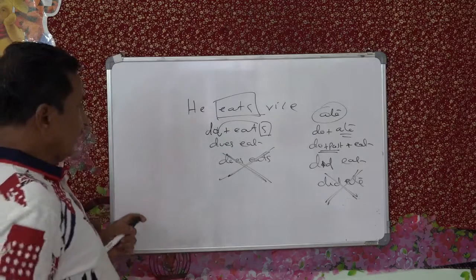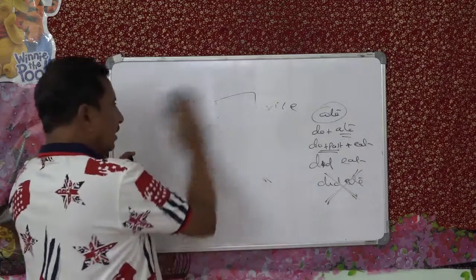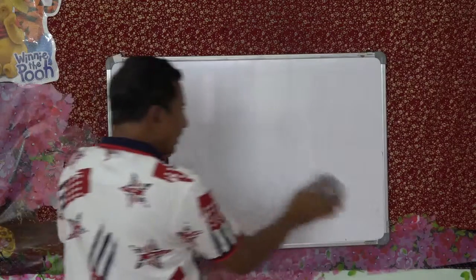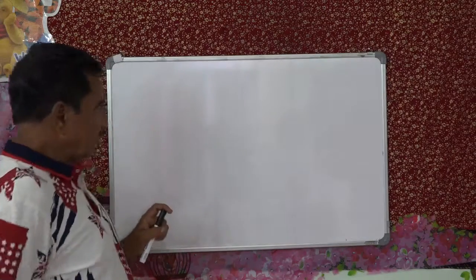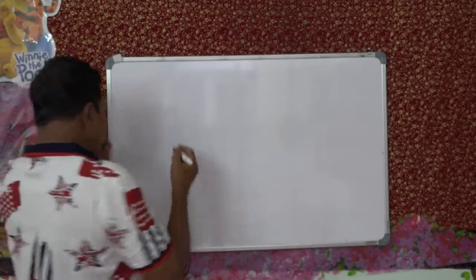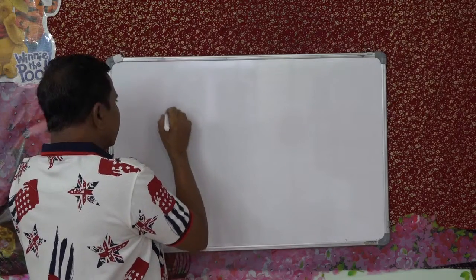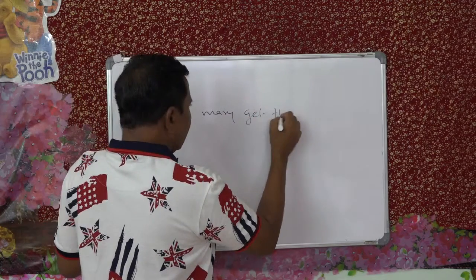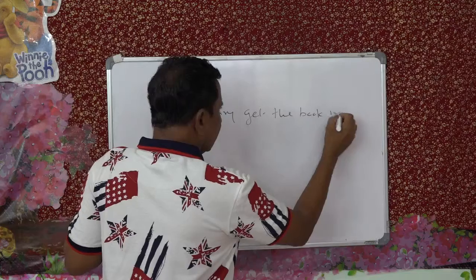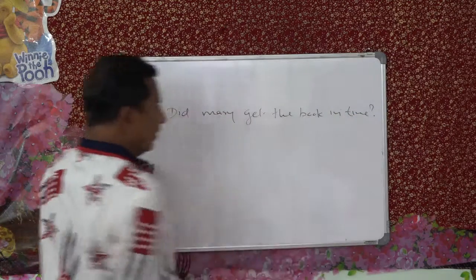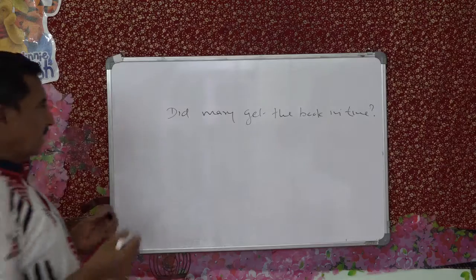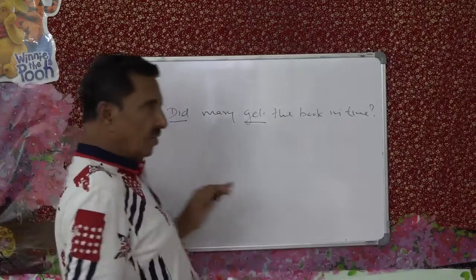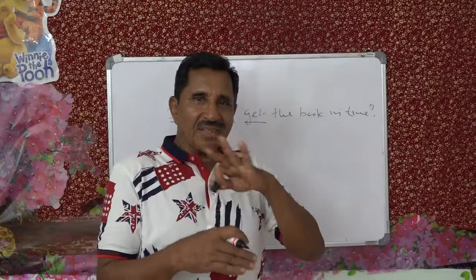Now when do you want this? That's very, very interesting. To understand this, if you get a sentence like this for passive: Did Mary get the book in time? Suppose. Now here is the problem. You have to go back to the original position to make it a statement.